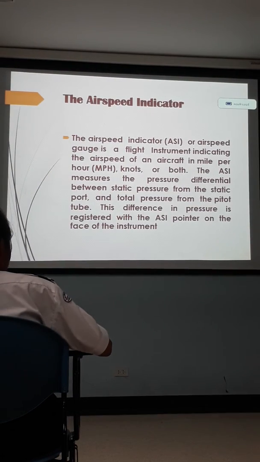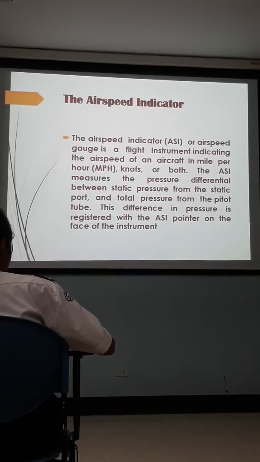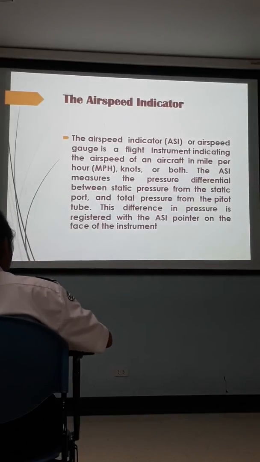The airspeed indicator, or ASI, or airspeed gauge, is a flight instrument indicating the airspeed of an aircraft in miles per hour or knots. Normally most airplanes use knots as a measurement. The ASI measures the pressure differential between static pressure from the static port and total pressure from the pitot tube.